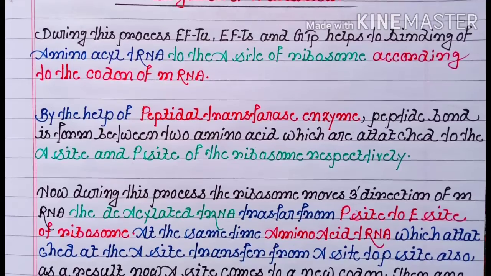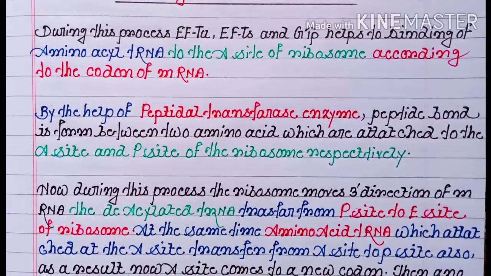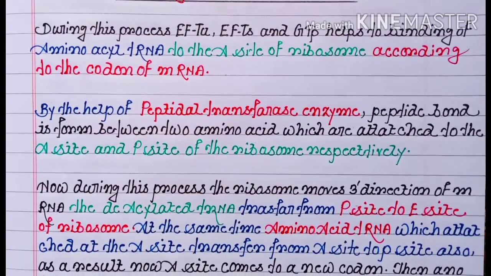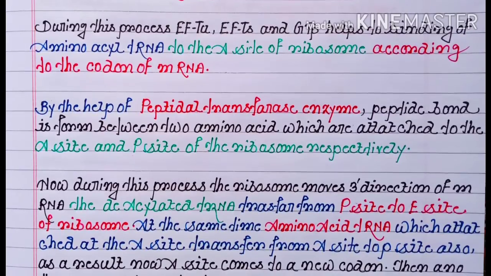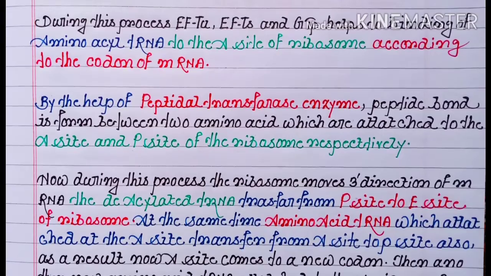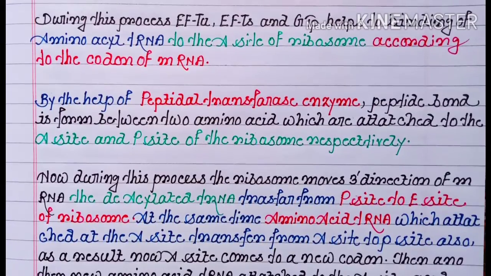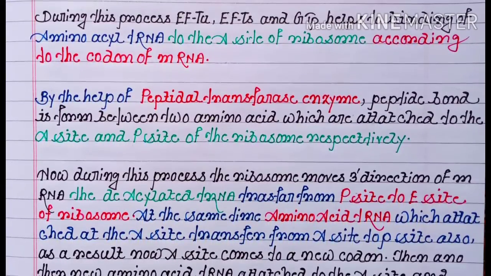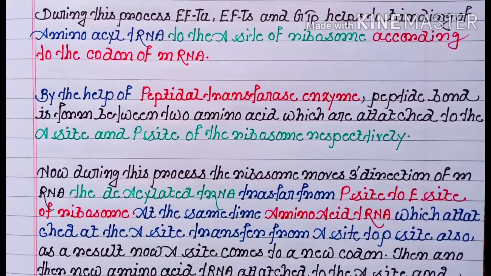Now, with the help of the peptidyl transferase enzyme, a peptide bond is formed between two amino acids which are attached to the A site and P site of the ribosome respectively.